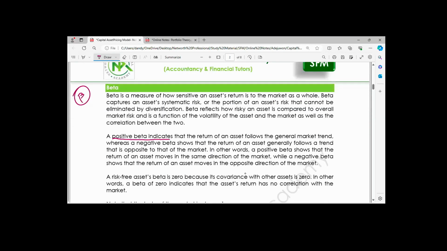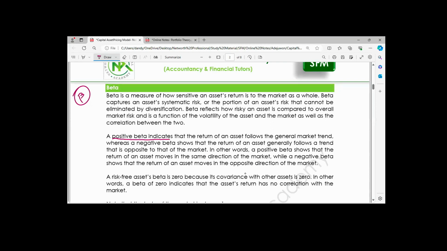Then a negative beta indicates that the return of the asset follows the opposite direction of that of the market. So that is a negative beta.